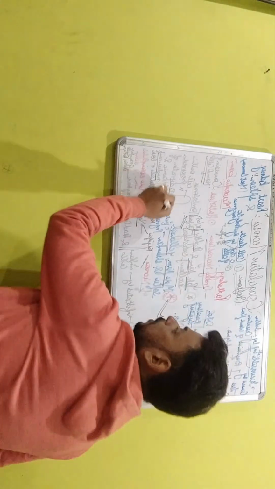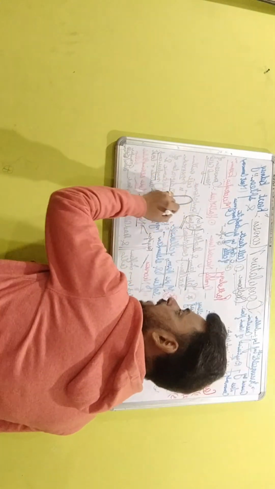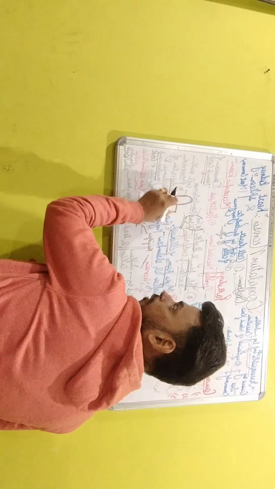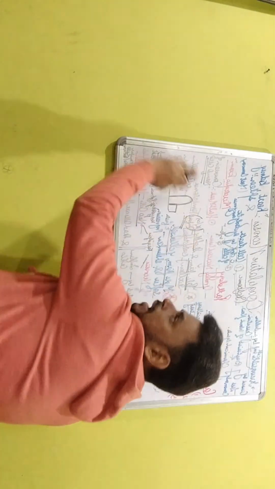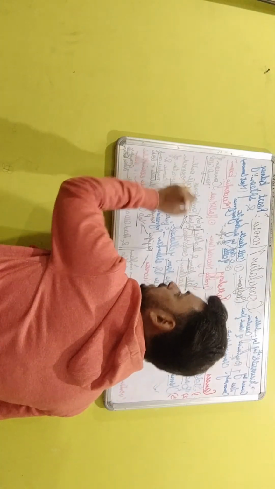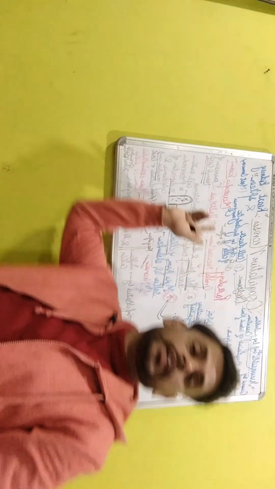If it is a columnar cell, the margin of the columnar cell will be preserved. If it is a cuboidal cell, or any other cell, the margin is going to be preserved. But the cytoplasmic details and the nuclear details of such cells are lost in coagulative necrosis.